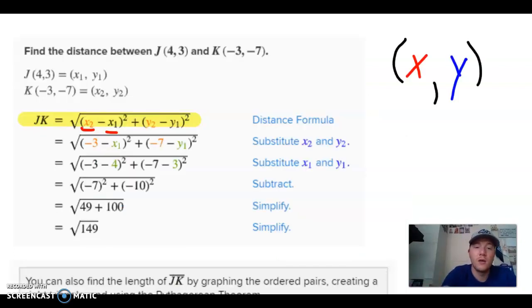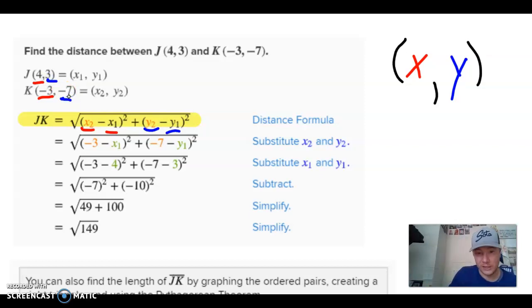Because here, x2 would be your new x, your second x. So in this case, it could be either one, okay? And then that y2 minus y1, you're looking at your two y values, the second value in those ordered pairs.